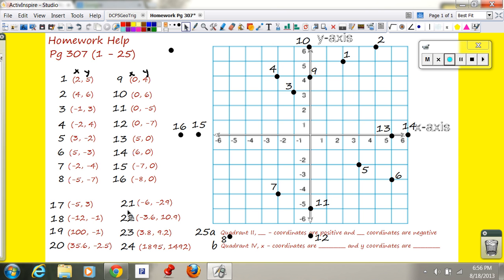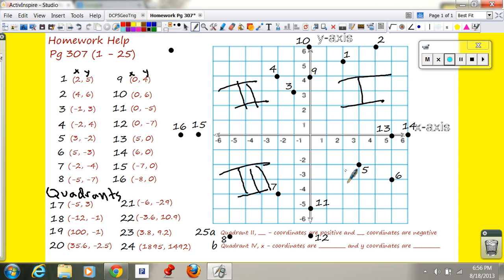Numbers 17 through 24 are asking us about the quadrants. So what quadrant things are in. Quadrants. This is quadrant 1 right here. This first quadrant is quadrant 1. Here's quadrant 2. Here's quadrant 3. And here's quadrant 4.